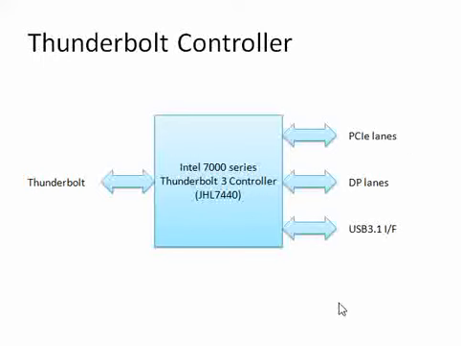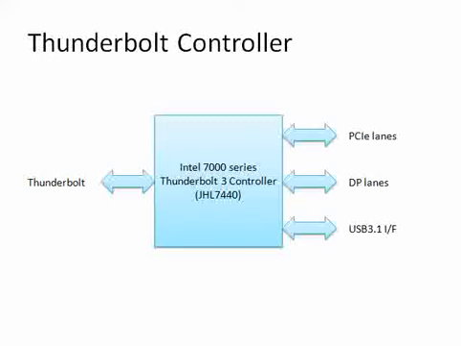Whatever is connected on the right is muxed to the Thunderbolt connector, which means a single cable is used to carry the data. The 7000 series actually has two Thunderbolt ports, and this is just shown as an example. So you have various types of controllers available, where you can build a big docking station to have different interfaces connected to it.